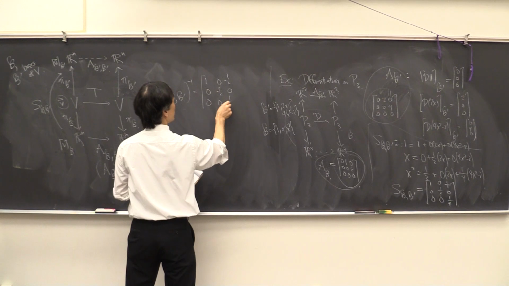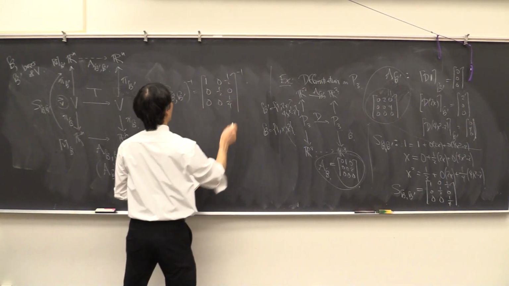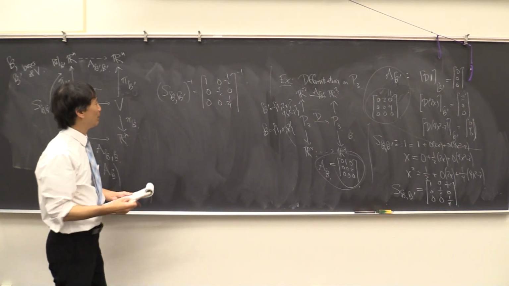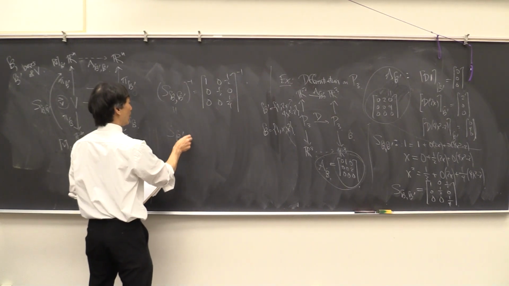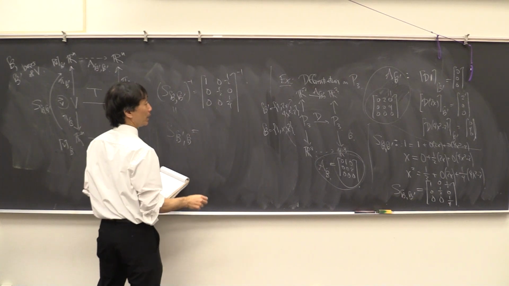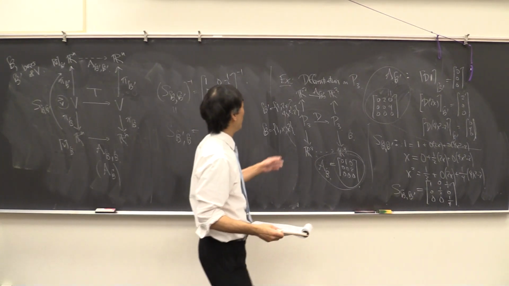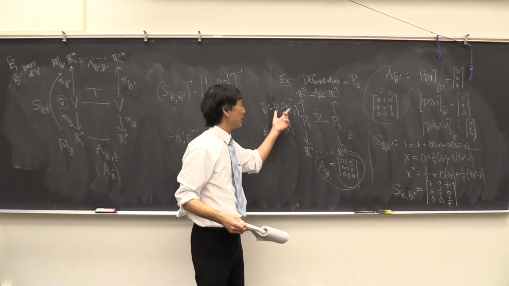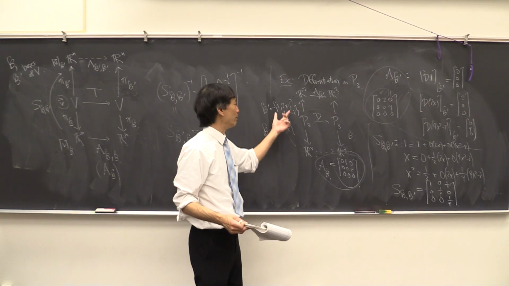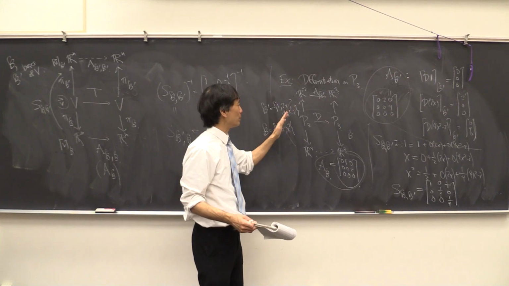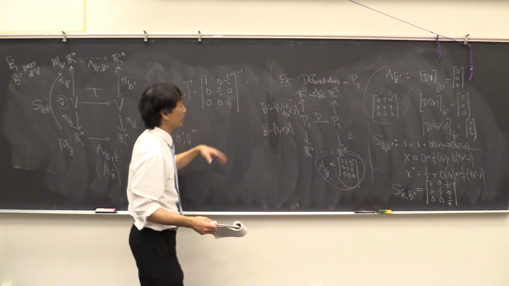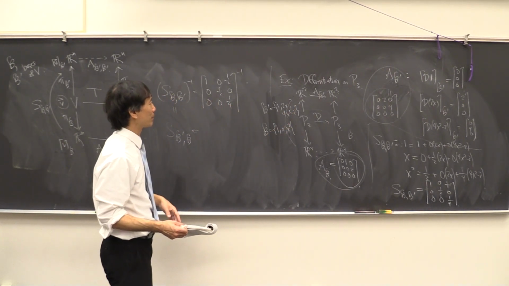But we could also calculate it as the transition matrix from B prime back to B, right? So you'd say, let's take B prime and express them in terms of the B vectors, and then transpose the matrix of coefficients.